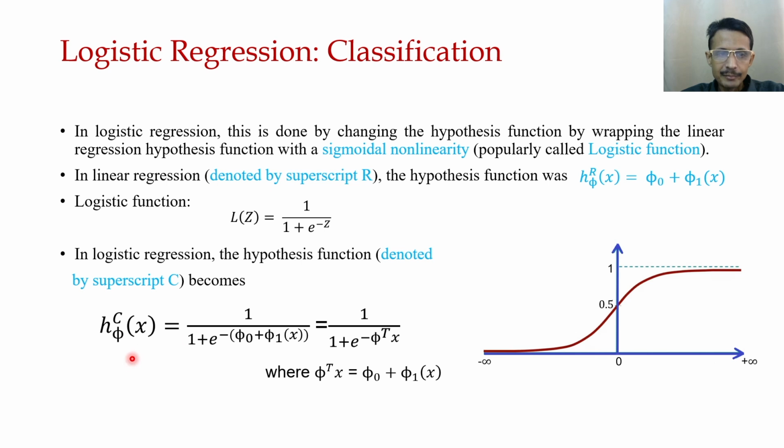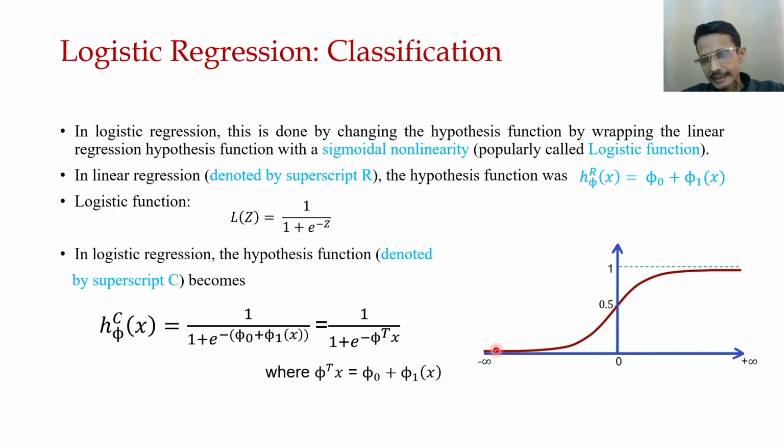So if we put this in the logistic function for classification, h theta x is 1 by 1 plus e to the power minus z, where z is theta 0 plus theta 1 x. So we can say 1 by 1 plus e to the power minus theta transpose x. This is the sigmoidal nonlinearity.